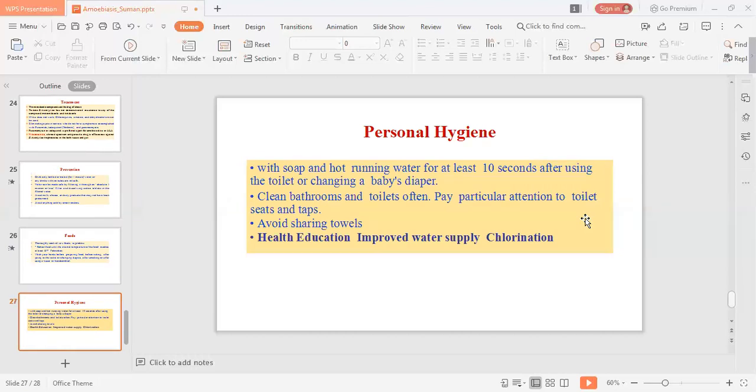The second thing you have to do is clean your bathroom as well as toilet very often, and pay particular attention to the toilet seats and taps. Avoid sharing towels. Health education for improved water supply by the chlorination process is mandatory. So the government should take precautions for that, and that's all about amoebiasis.